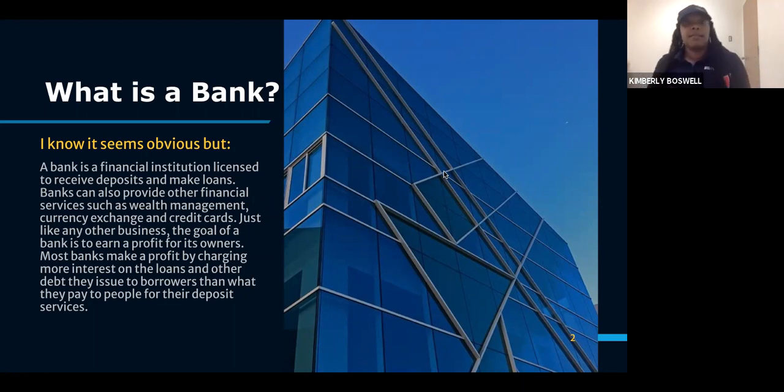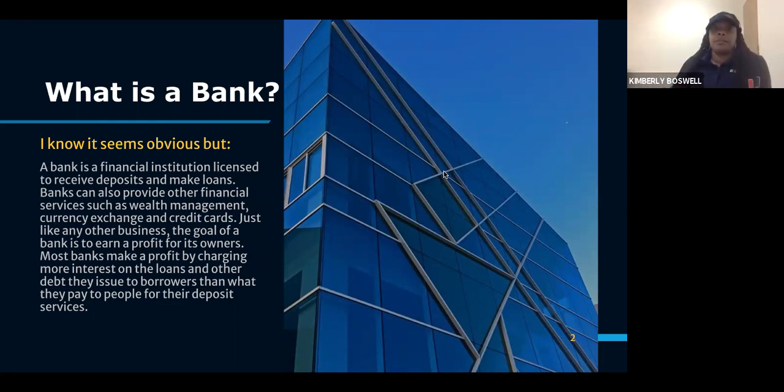So yes, it seems obvious that a bank is a financial institution which receives deposits and makes loans. How a bank makes its money, the majority of it is made from the interest from loans or from fees that are charged.